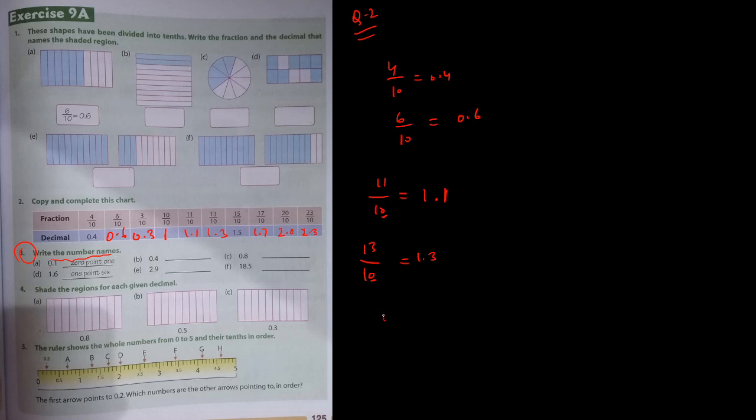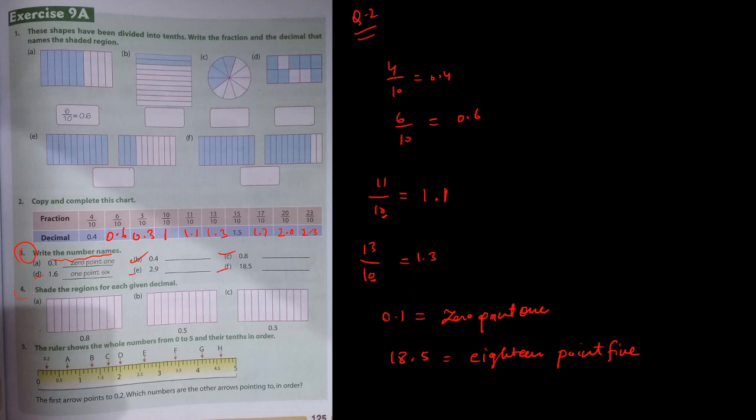So 0.1, how are you going to write it? 0.1. Okay, it is 18.5. So you will do on your own this question. Okay, B, C, D, E, F.